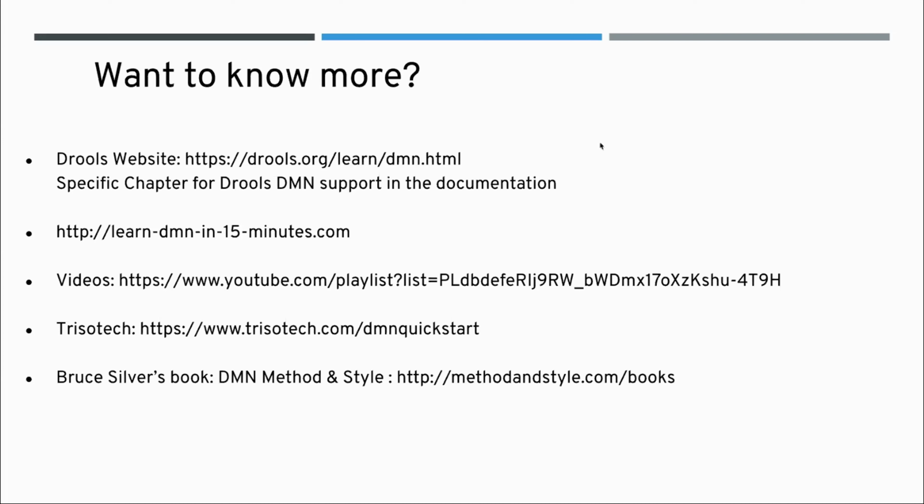We focus a lot on that in the training. If you just look at the spec and try everything that's possible, yes, you can get into trouble. But if you learn the methodology for using the right hit policy in the right situation, you can usually avoid those problems.